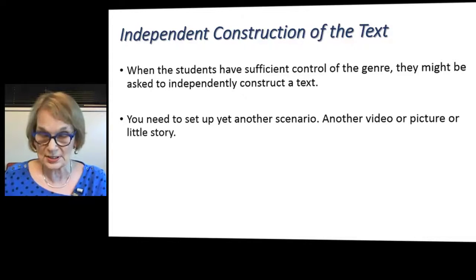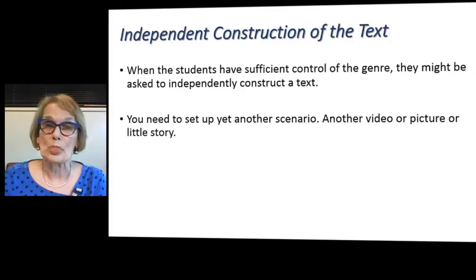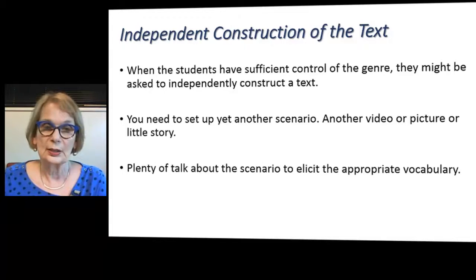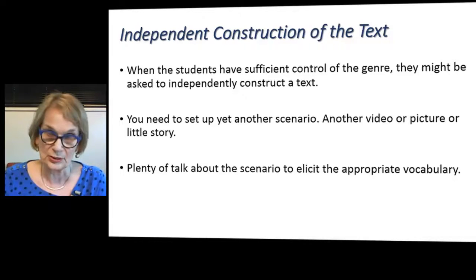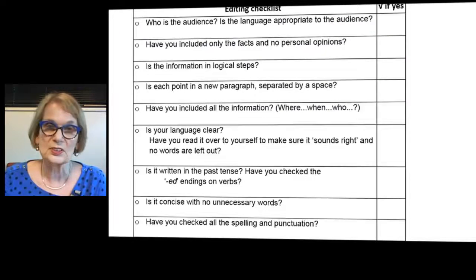So for this lesson, you need to have 3 separate scenarios ready. 3 different videos, or a video and a couple of stories, or whatever. So you're setting up yet another scenario. And again, plenty of talk about the scenario to elicit the appropriate vocabulary to write up on the board, talk before writing, of course.